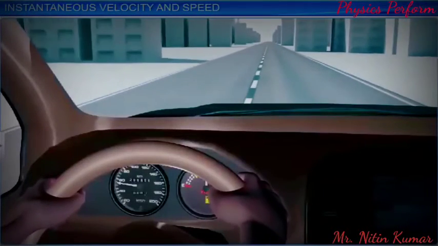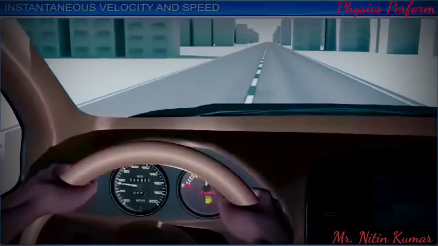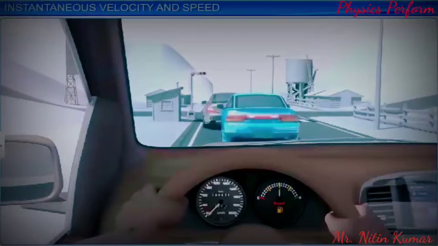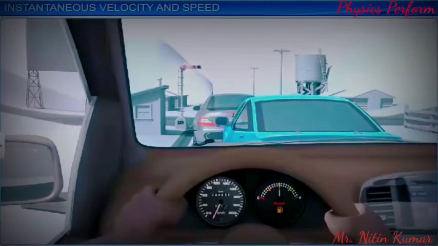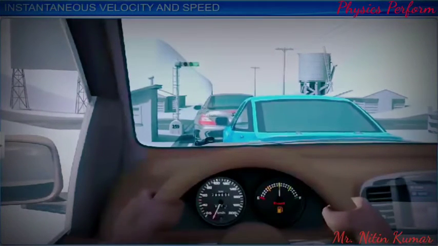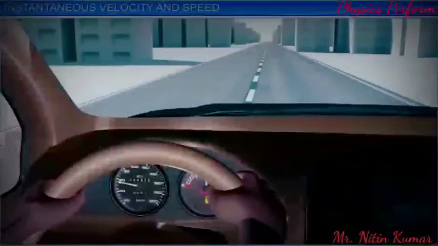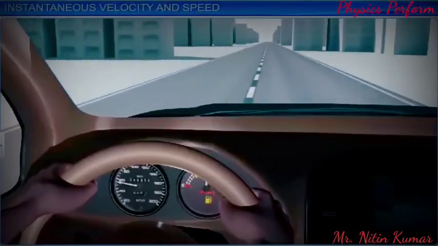No. The speedometer reading was fluctuating continuously between 0 kilometers per hour at signals, 5 kilometers per hour at traffic jams, and 60 kilometers per hour on the freeway.